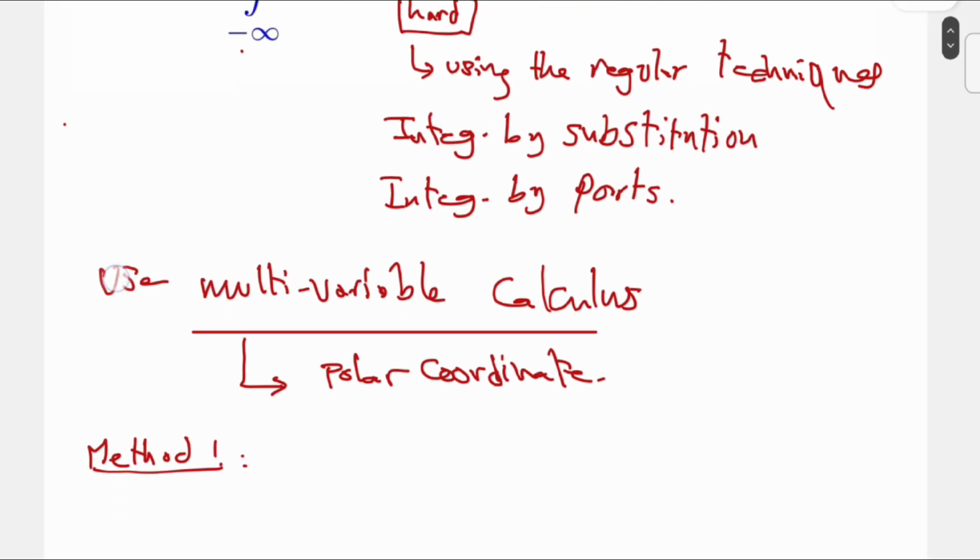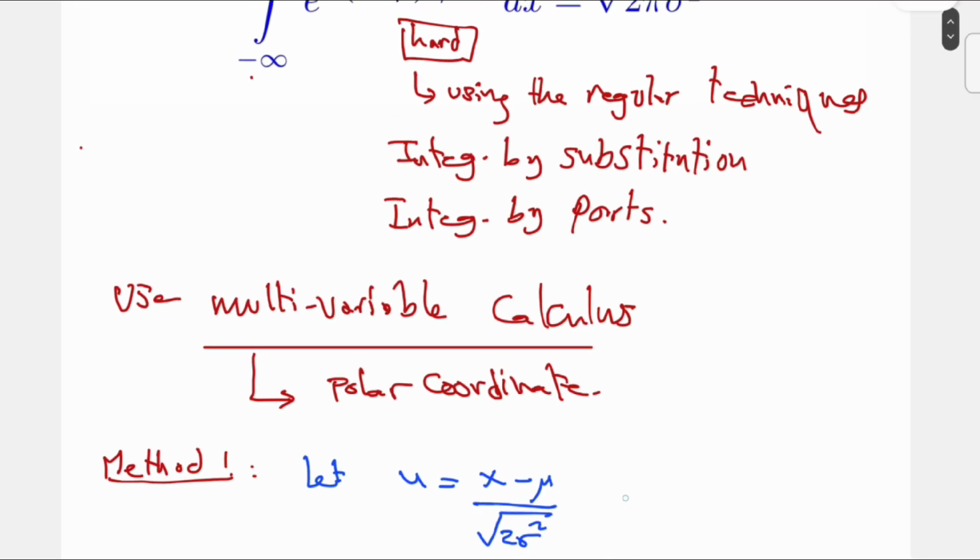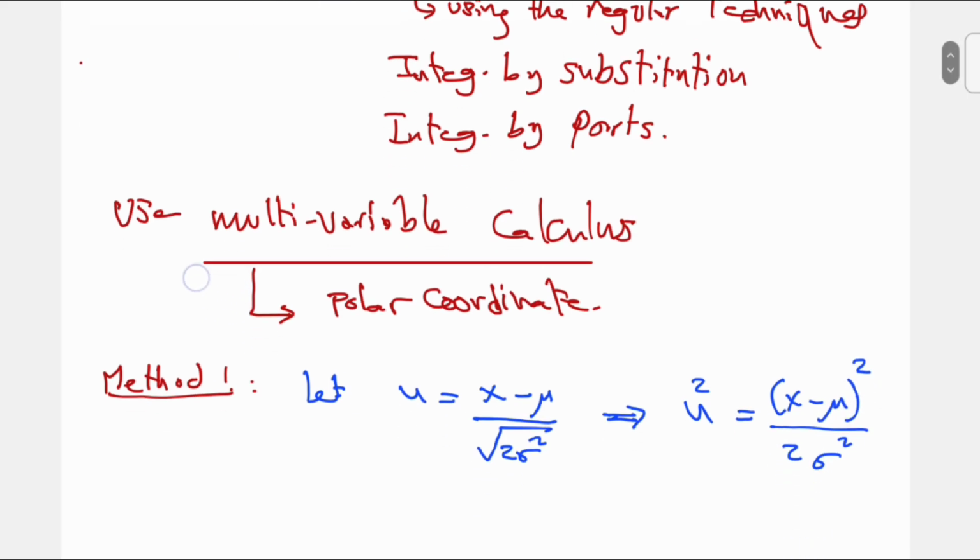We have the integral, and if you let u equal to x minus mu over root 2 sigma square, you can notice that by squaring u, you get x minus mu square over 2 sigma square.